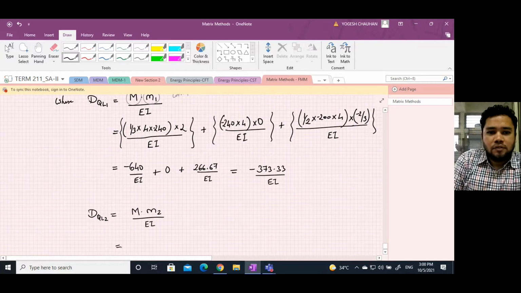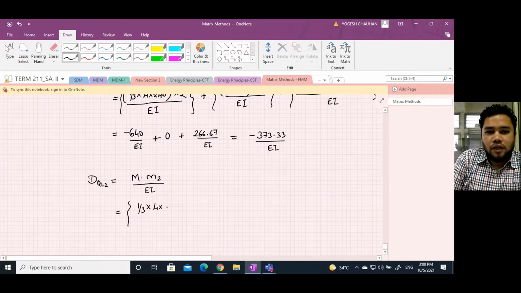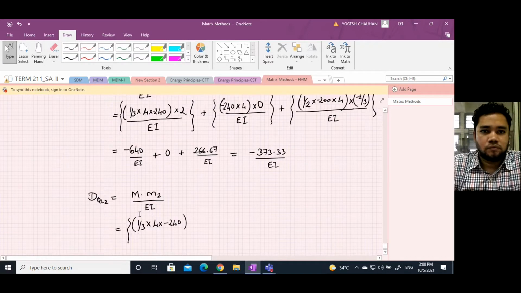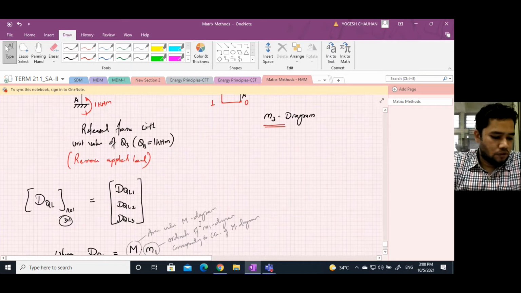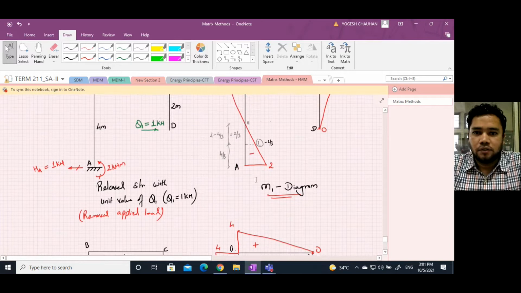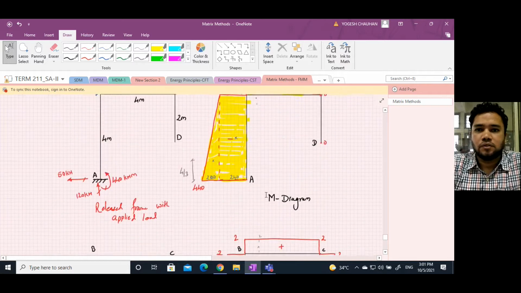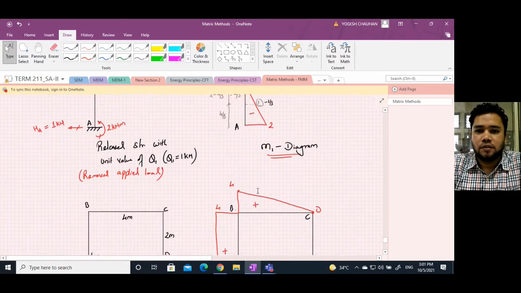So now this time you have the area from the earlier calculation, 1 by 3, base is 4 meter, height is minus 240, multiplied by, now you take the ordinate in this diagram.